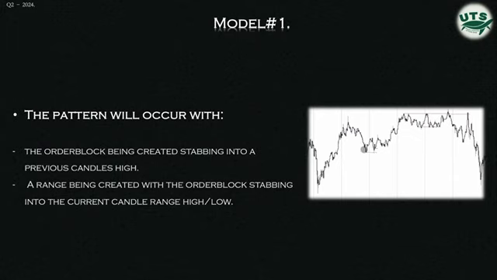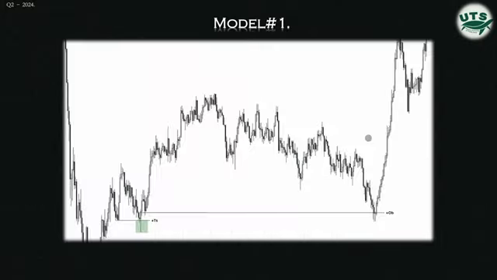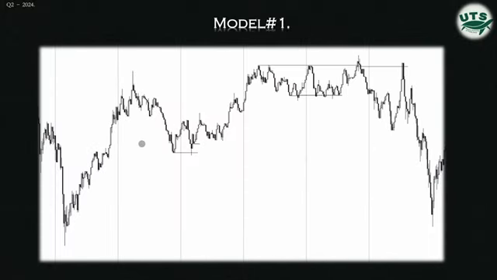You have the previous candle's low being stabbed into and closed above. Previous candle low, stab. One specific candle causes the rally. Previous candle's high, stab into it, close below, confirm. One specific candle causes the dump.